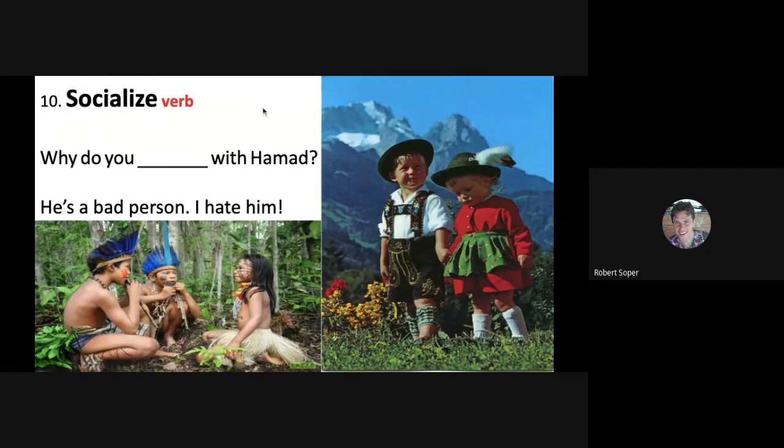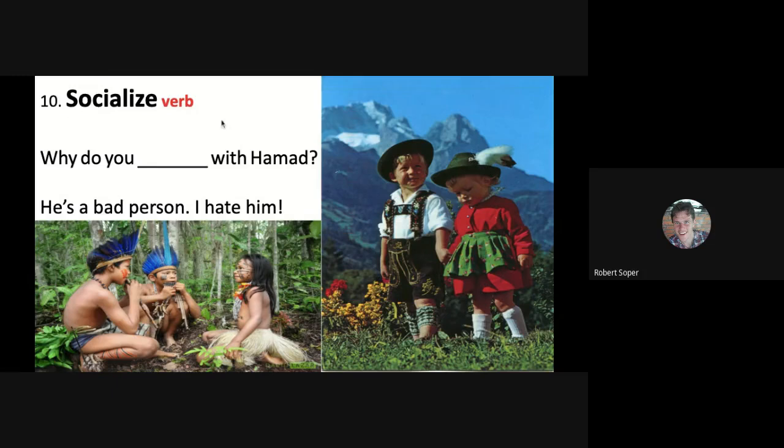If you socialize with people, what are you like? You are probably considered social. So if you socialize with lots of people, you are a social person. Can you socialize on your own? No, you can't. You need to be able to meet people, so you can't socialize on your own.